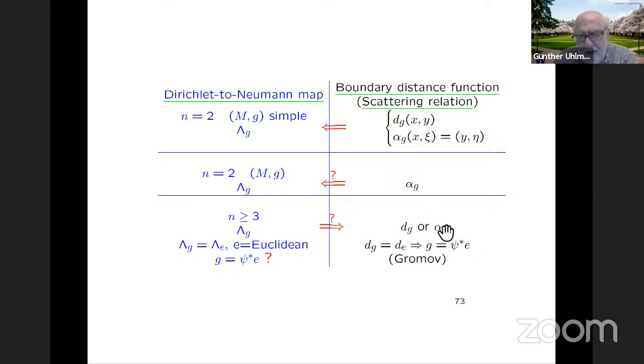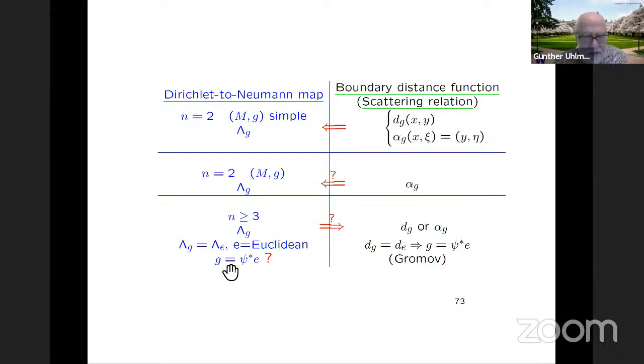Remember, if the foliation condition is satisfied, we can solve the problem. But for the Dirichlet-Neumann map, the only case that we really know is the real analytic case. For instance, we don't even know a simpler question. Suppose the Dirichlet-Neumann map is the same as the Dirichlet-Neumann map of the Euclidean case.